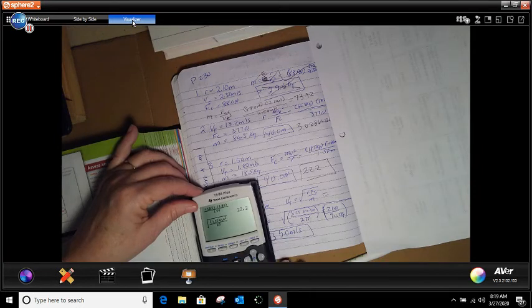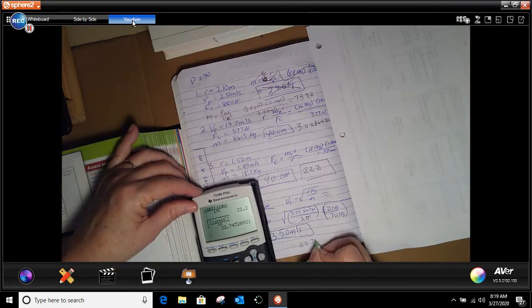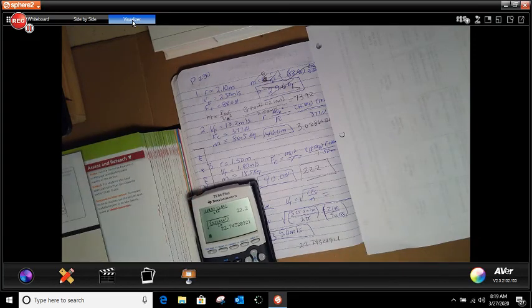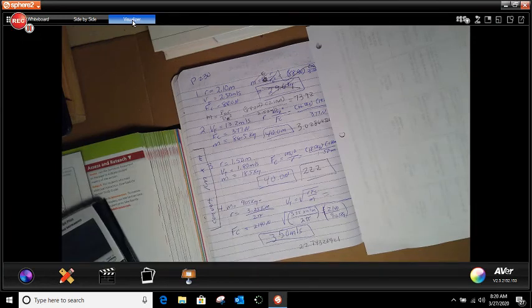So that's second here in enter. I get 22.7432091. So, if you look, you will see that I have some different answers than what it says.